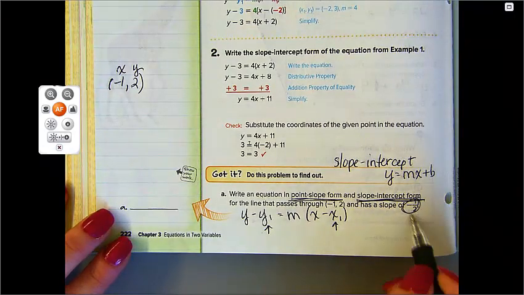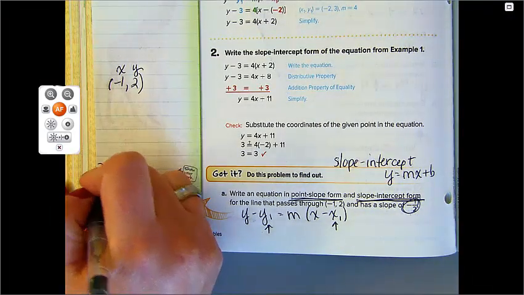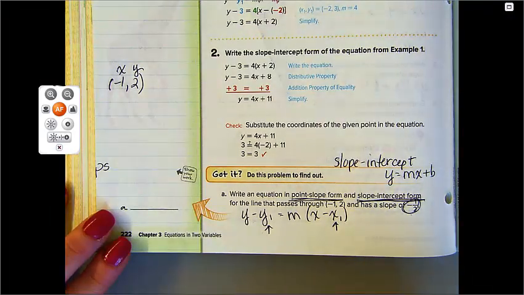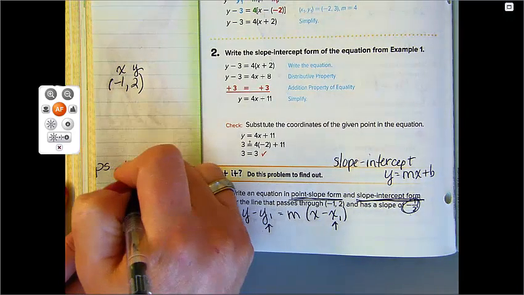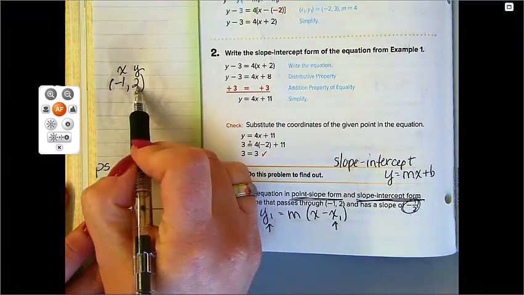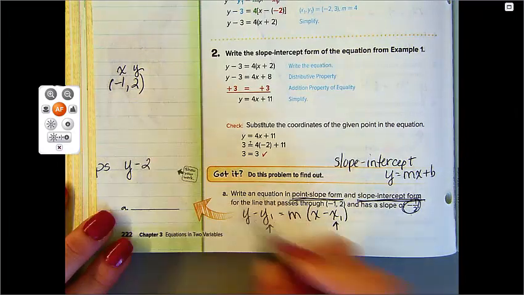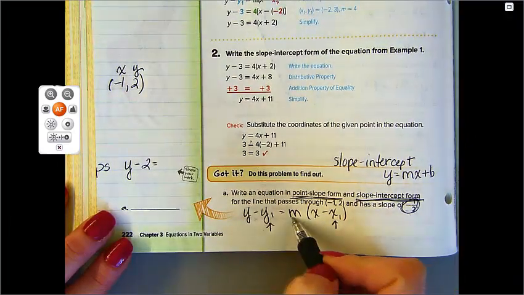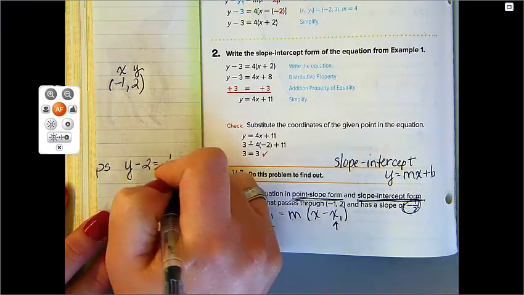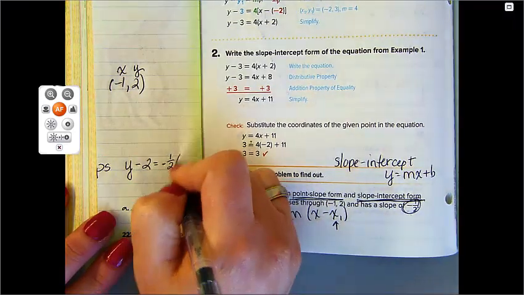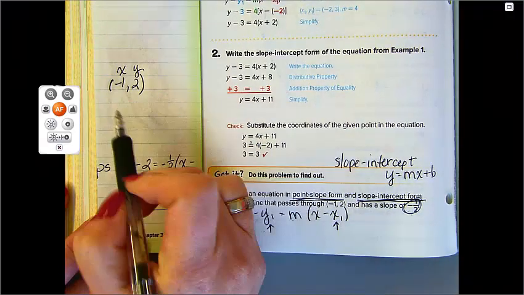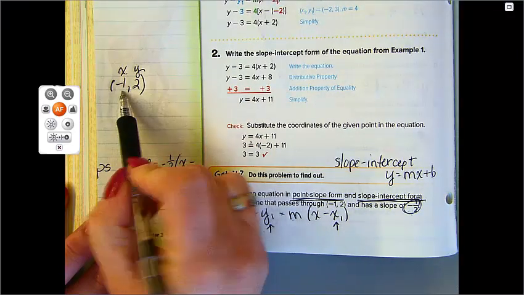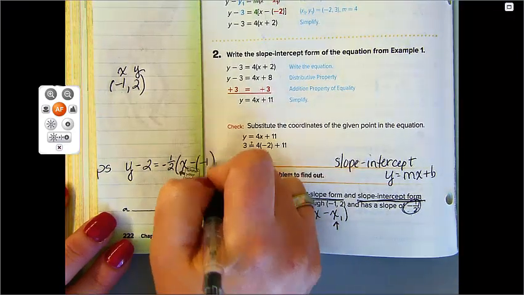So in point-slope form, I'm going to put a PS over here so that I can remember which one I'm doing. I have y minus my y1, which is 2, equals my slope, because I have an m, of negative 1/2 times x minus my x1, which is a negative 1.